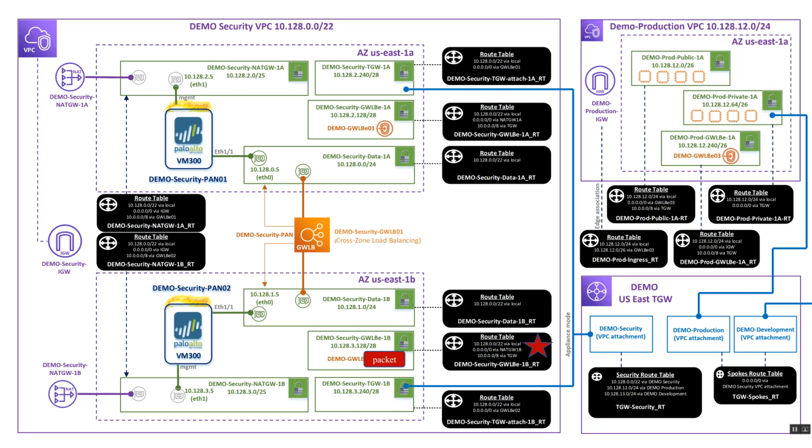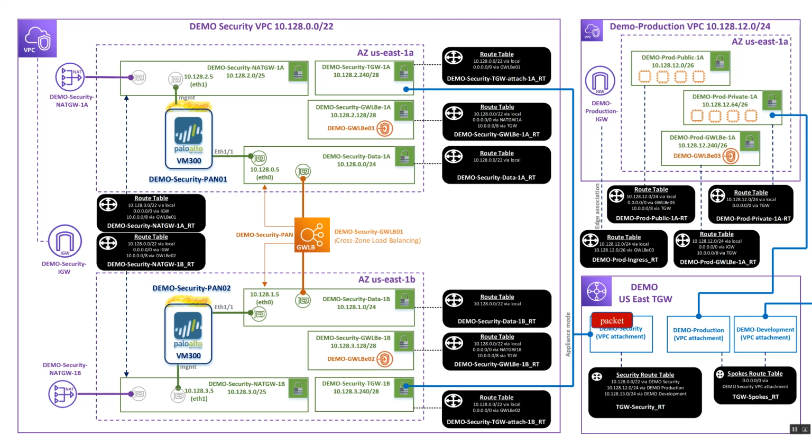And then guess what? The route table gets consulted again. So the route table in this case would be the gateway load balancer endpoint route table. In this case, we're going to the 10 network, right? We're not going to the internet. We're going back to the 10 network. We're going to the 10.128.13 network. So how do we get there? Well, we follow that 10.0.0.8 route, which is towards the Transit Gateway.